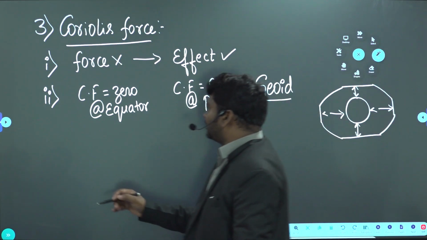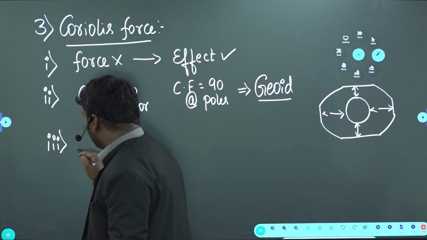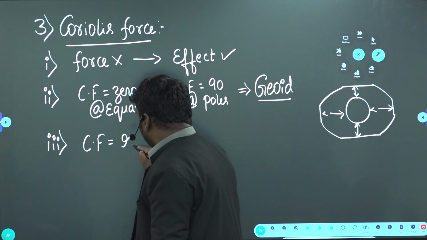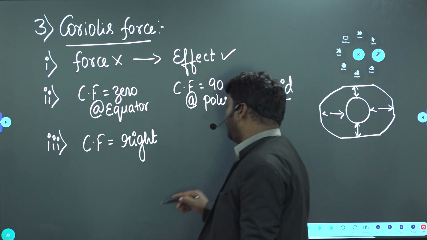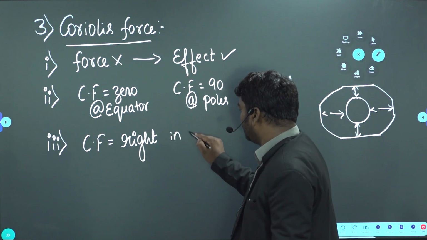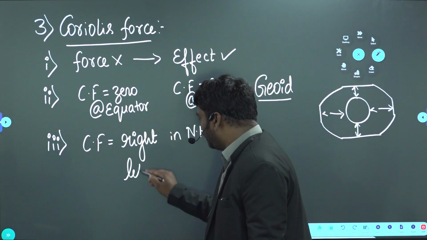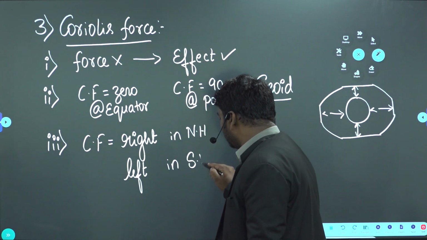Fine. Next, third, due to Coriolis force, objects would deflect to the right in the northern hemisphere and deflect to the left in the southern hemisphere.